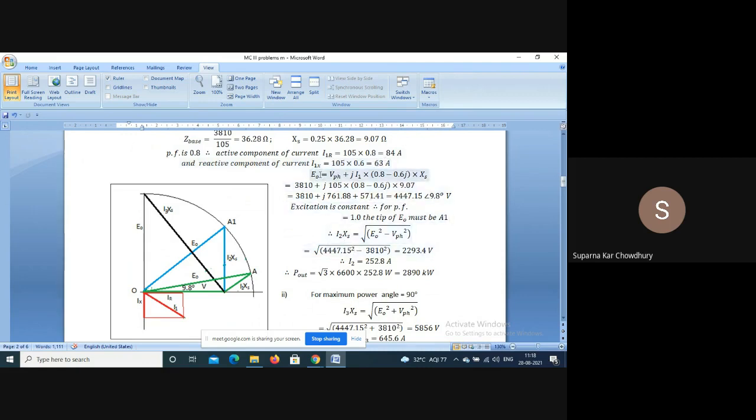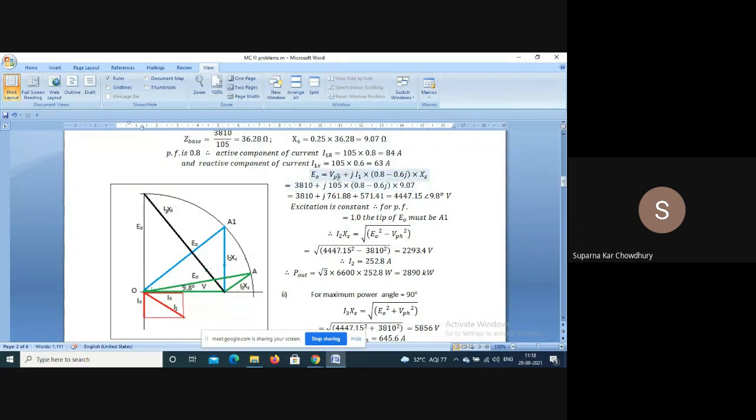Now E0, the induced EMF, is V phase plus jI XS. So I phase we know. This will be I into 0.8 minus 0.6j, and the XS value is known.